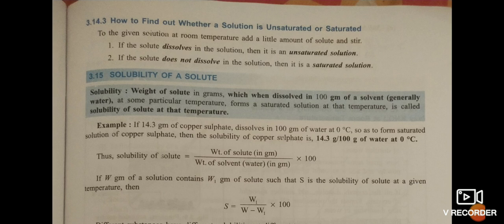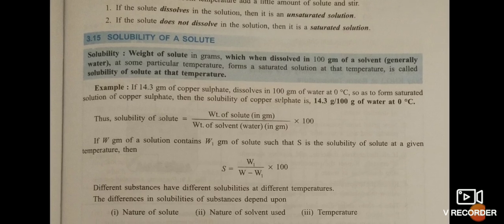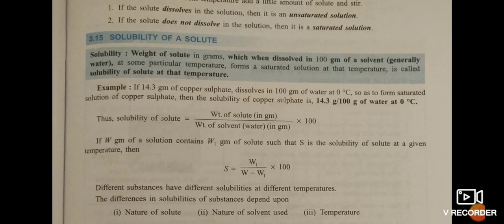Now let's take an example to understand this. If 14.3 gram of copper sulfate dissolves in 100 gram of water at 0 degrees Celsius so as to form a saturated solution of copper sulfate, then the solubility of copper sulfate is 14.3 gram per 100 gram of water at 0 degrees Celsius. So here what we have to do is put the amount of solute upon amount of solvent, into 100.